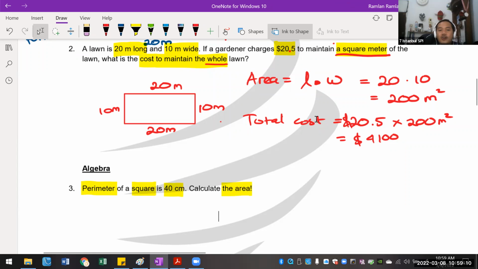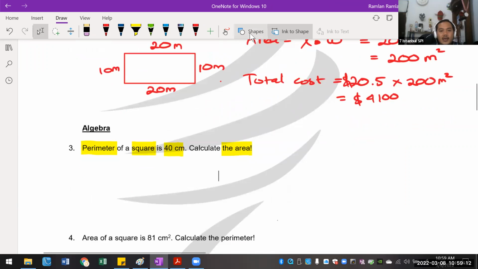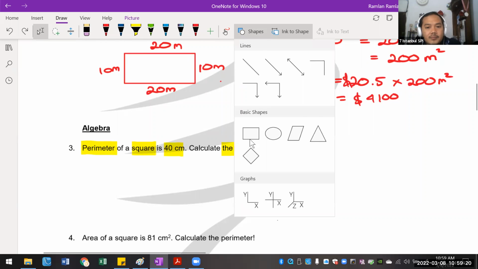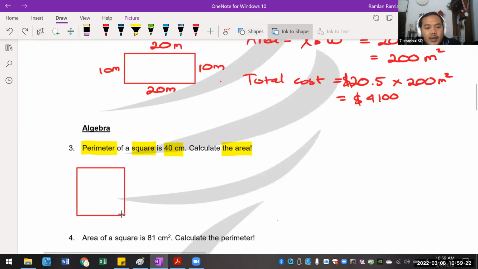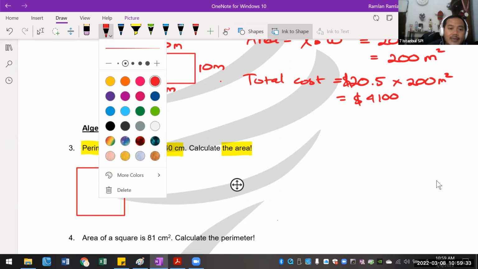So let's draw that. I'm going to draw a square. Let's assume that this is a square, and we only know that the perimeter of the square is 40.